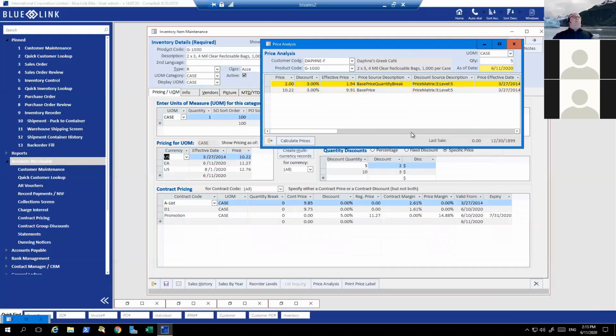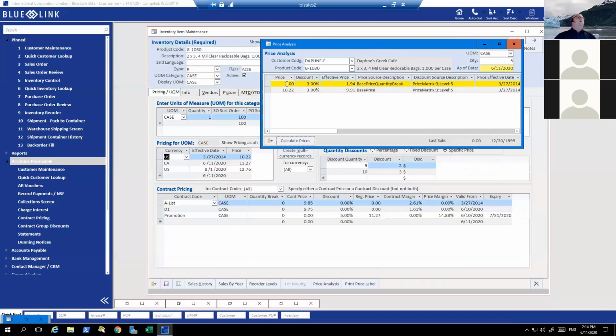Okay, now, one thing that you should be aware of, and you can actually see here, it actually took the $2 price from here, and the system by default, and this is one of those things that you have to be very careful about, also took the discount level or the matrix level of 3%.